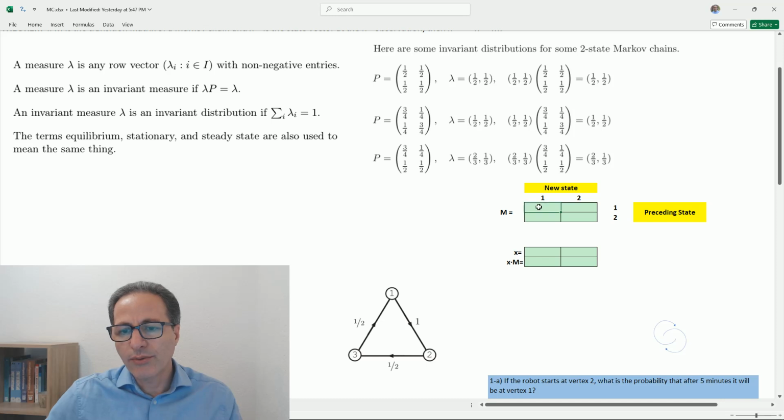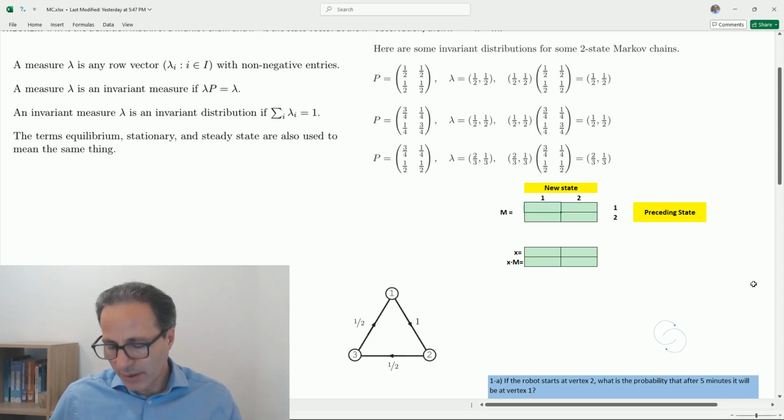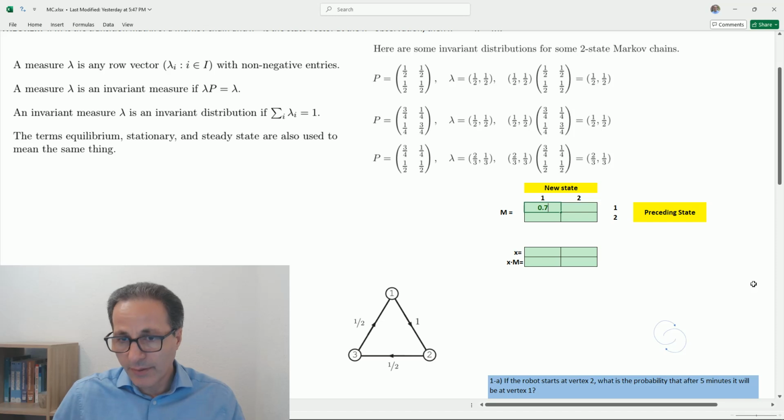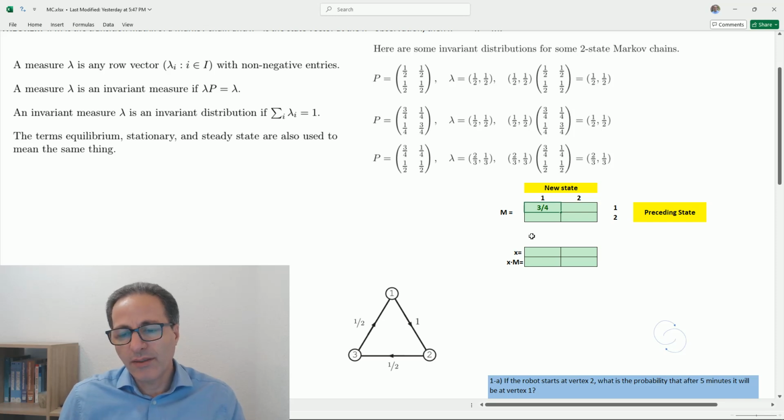So here I need to write 3/4. If I want to write 3/4, I can write 0.75. Or if you write 3 divided by 4, make sure that you use an equality sign before this. Because if you don't use that equality sign, it will be considered a date and it shows 4th of March.